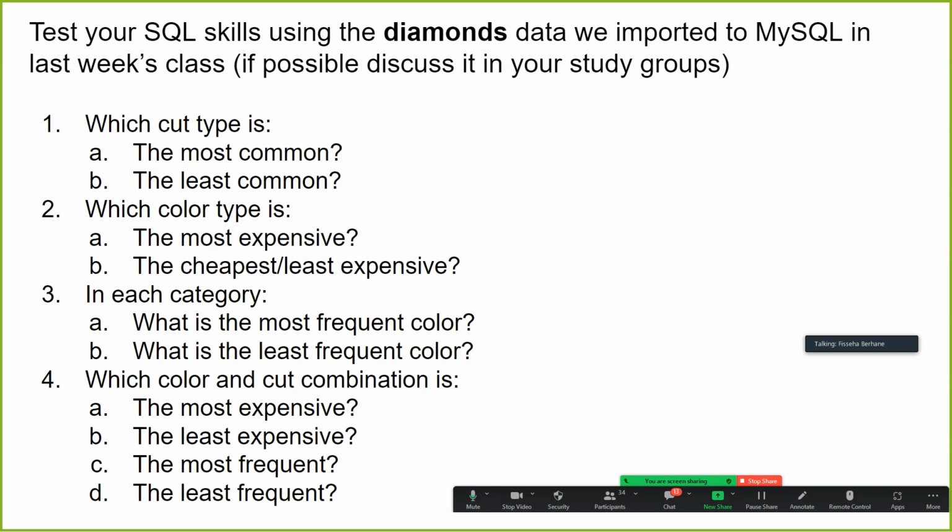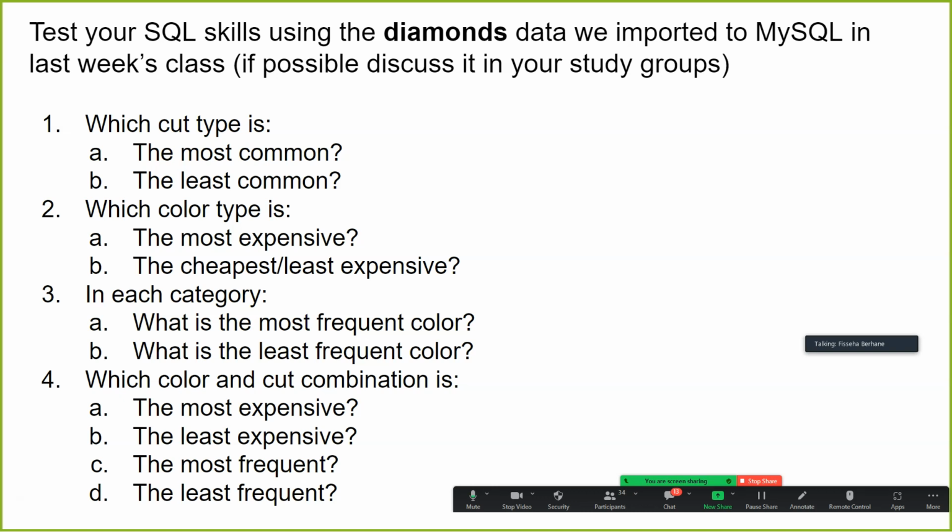So the question is, get the frequency by cut type, get the average price by color, and tell which ones are most expensive and which one is least expensive. And also by category, get the distribution by category and tell the most frequent color and least frequent color in each category.